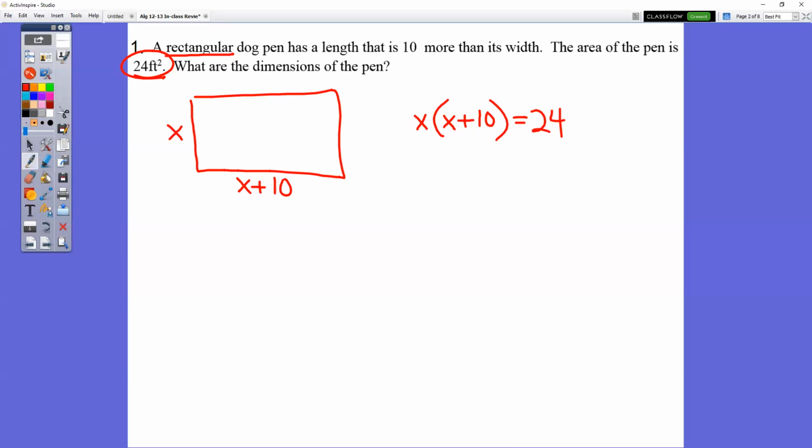Remember that in a question like this, you will want to reject the negative answer because we can't have a negative length of a side.